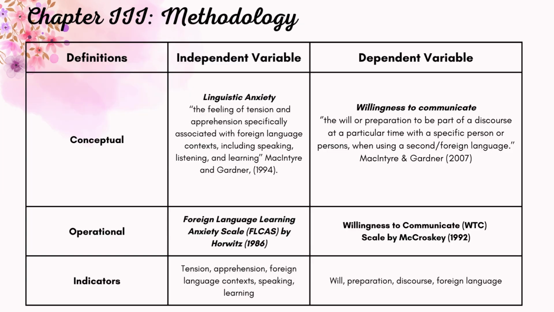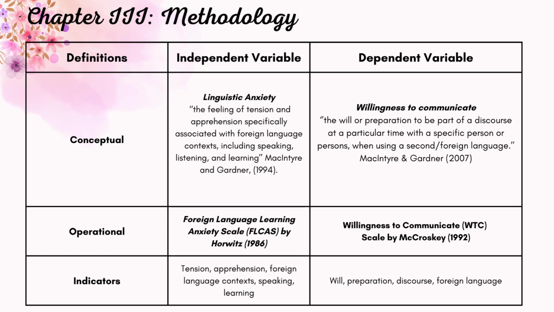As for the methodology and the definitions of both variables, the independent variable would be linguistic anxiety, defined as the feeling of tension and apprehension specifically associated with foreign language contexts, including speaking, listening, and learning, as McIntyre and Gardner said in 1994.